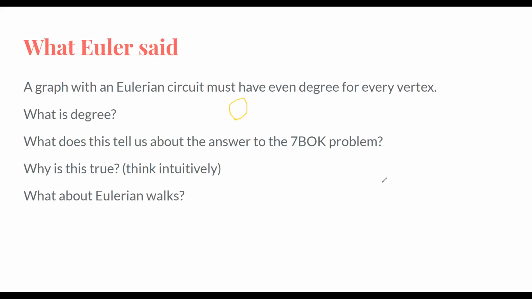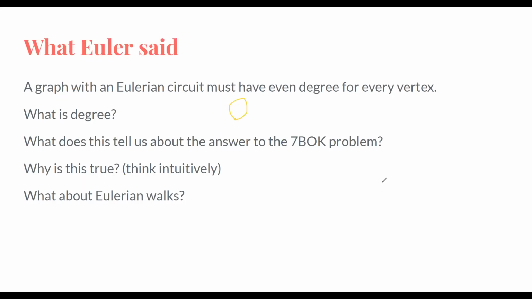I don't think there's any restriction on the number of vertices that you can have for a graph with an Eulerian circuit, but there is this limitation of an even degree for each vertex.